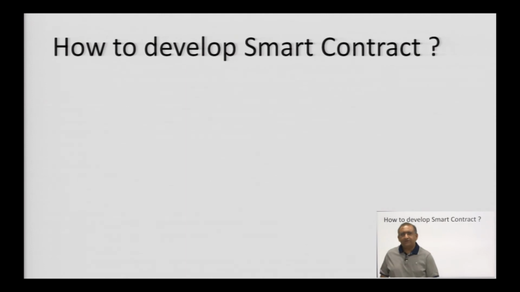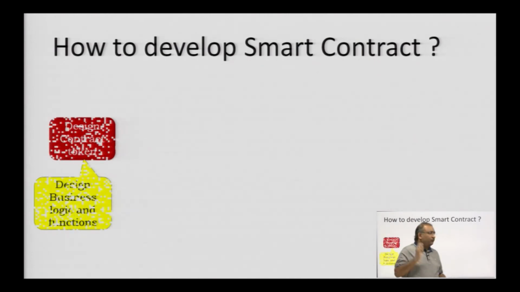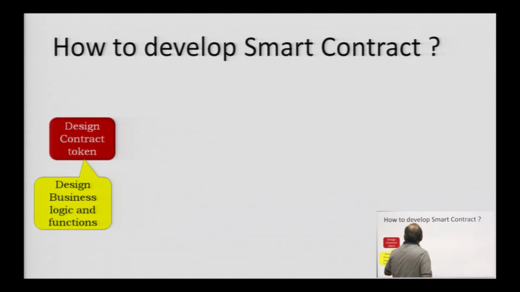The good part, now the next point: this is how a smart contract works, but how do we develop a smart contract? That is important. We know the smart contract is a software program, but how do we develop it? First, design the business logic and functions, design the contract token. Basically, that is the definition. You will say, these will be my business logic, these will be my functions based on the contract terms and conditions.